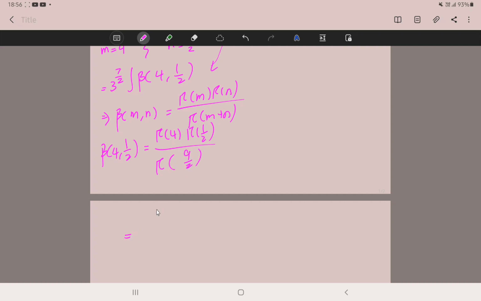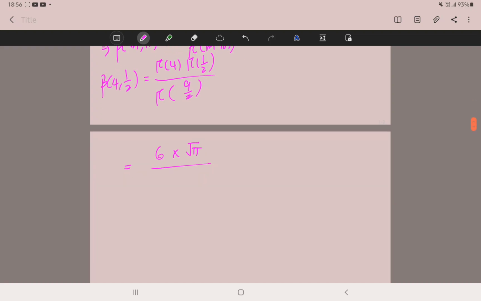Gamma of 4 is 3 factorial, which is 6, times gamma of half, which is square root of pi. Gamma of 9/2 is, if you still remember, 7/2 times 15/8 square root of pi, like that.